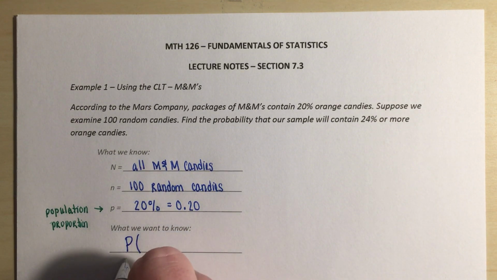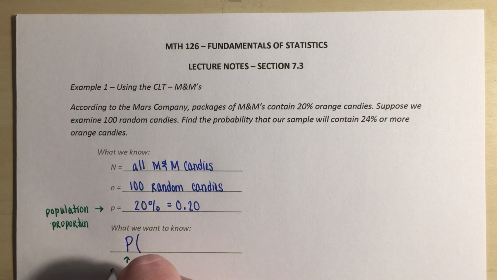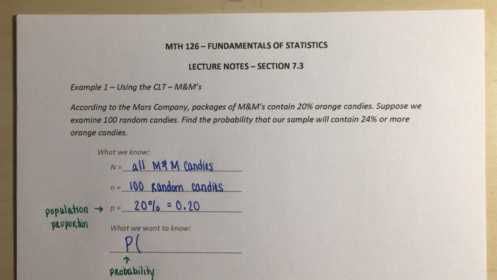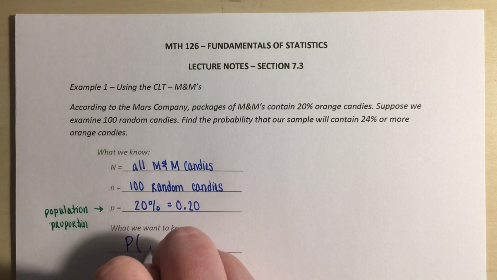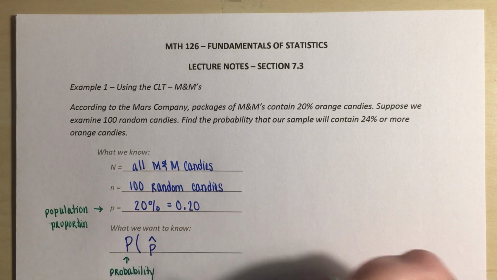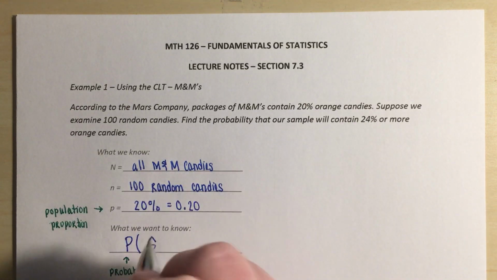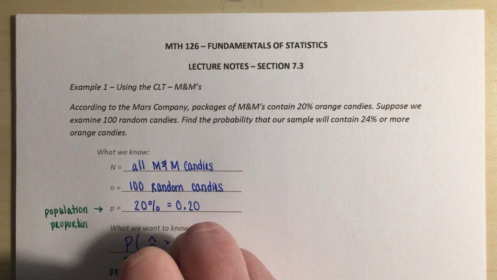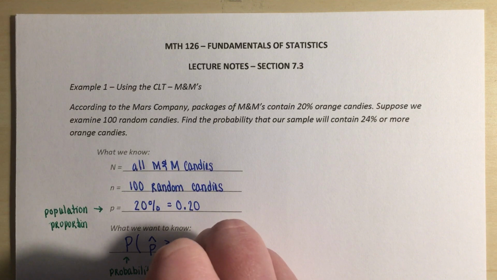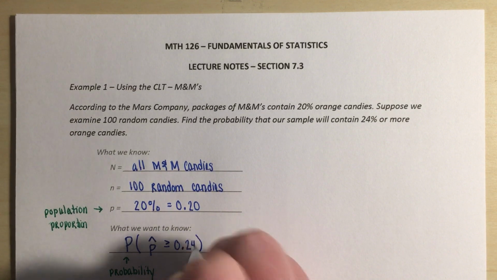So what we're looking for here is a probability that our sample proportion, p hat, contains 24% or more orange candies. So we're going to say p hat is greater than or equal to 0.24.